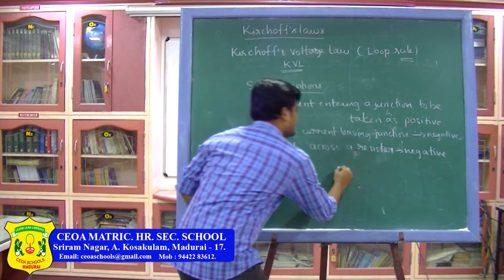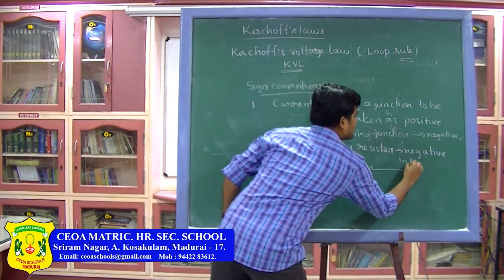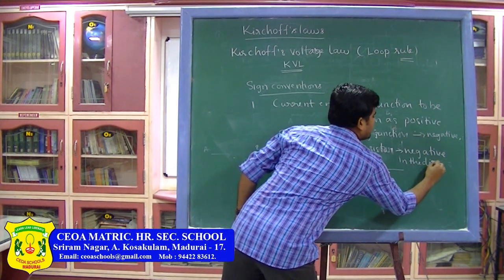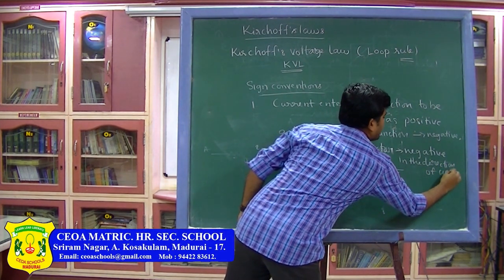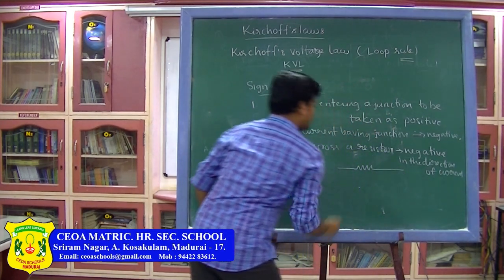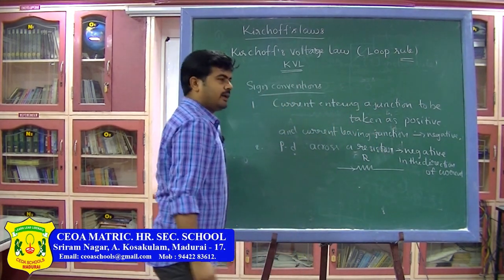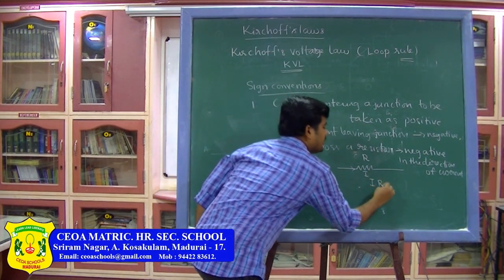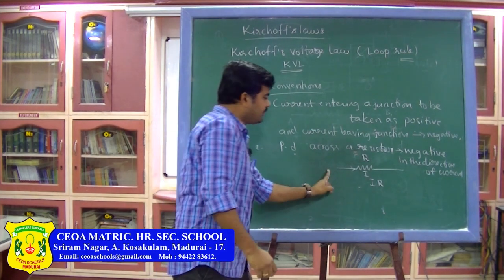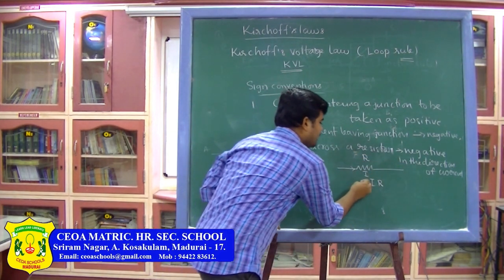That means if this is a resistor of resistance R carrying a current I, then the potential drop across this is IR. Now, if I select the loop such that I am moving from left to right, that means in the direction of current, this value is to be taken as negative.